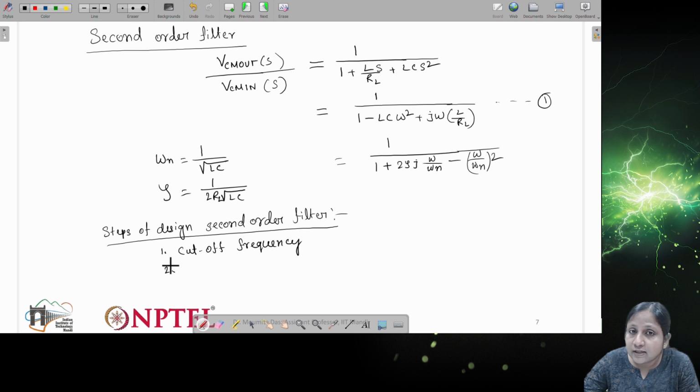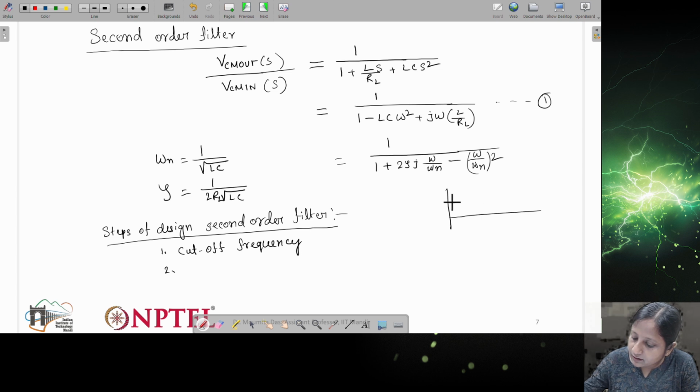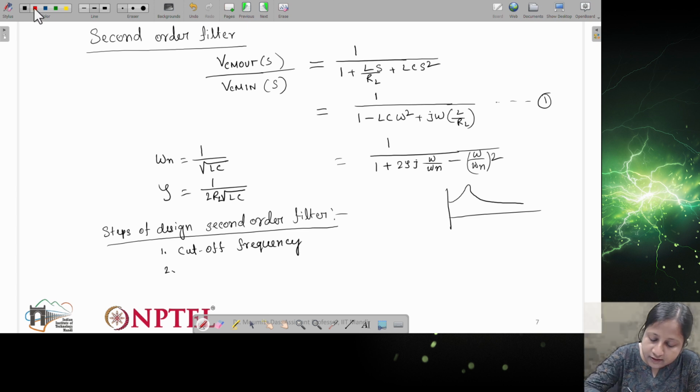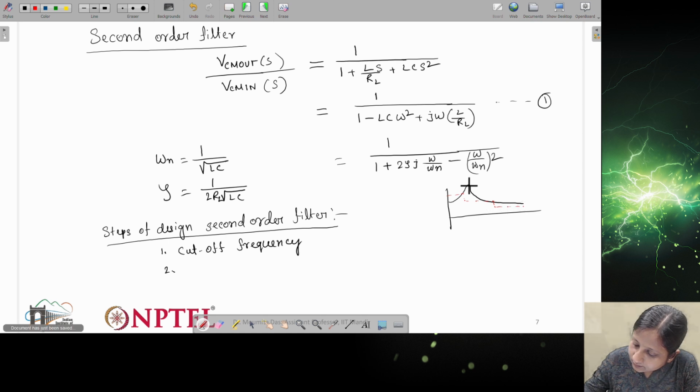That is the cutoff frequency. Let's say we have a noise like this, and our standard is given like this. At this particular point the attenuation will be required, right? This particular point is beyond the limit.